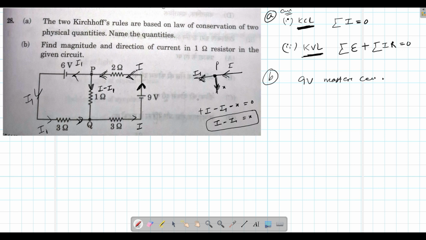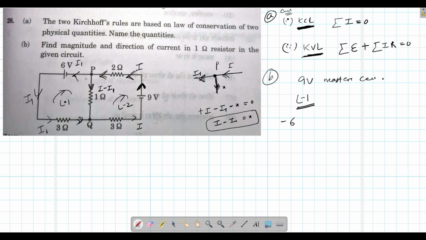Now using Kirchhoff's rule in loop 1 and loop 2. In loop 1, from higher to lower, this is minus 6.